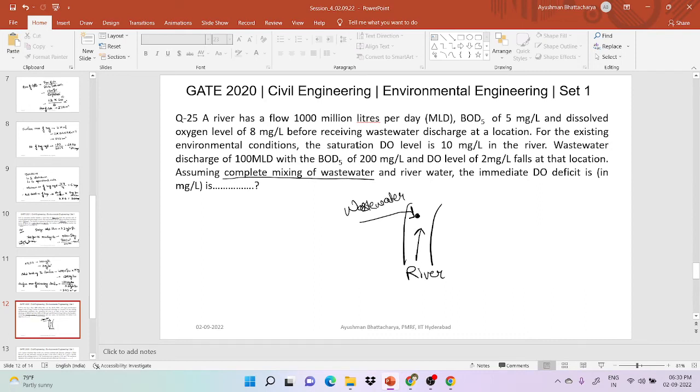For the immediate DO deficit, we first need to know the DO of the mix at this point. Since the river is flowing and wastewater is being discharged over here, what is the DO mix at this point?